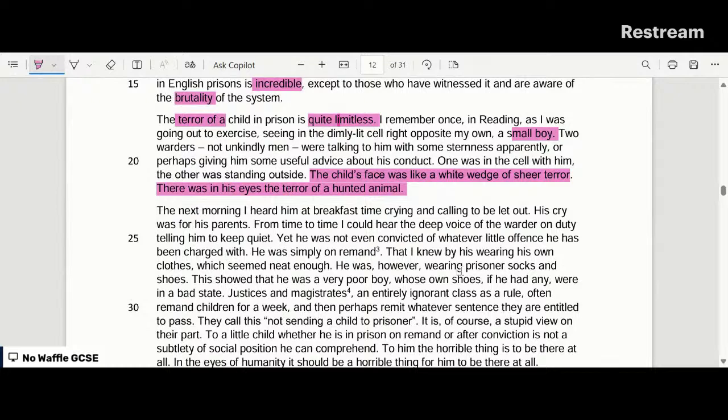So now little, instead of being used to describe the child's size, is now being used for the offence. It's suggesting that it was so petulant, it didn't even deserve to be in jail for that crime. Survival of the fittest, children don't stand a chance. Really good idea there. That's a nice way to annotate it.